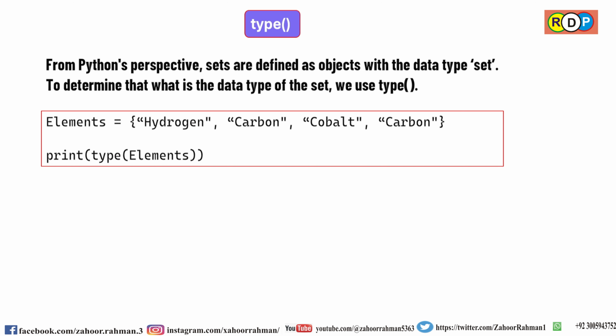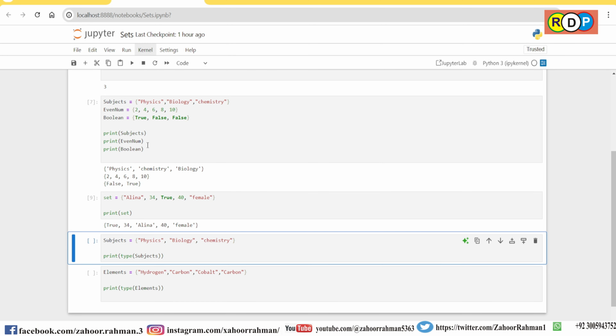And here are the same elements: hydrogen, carbon, cobalt, and carbon. And here I am saying print the type of the element inside it. So it will be a set because it is enclosed in braces.